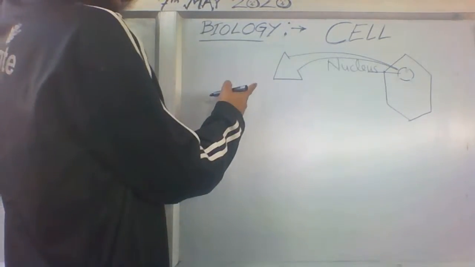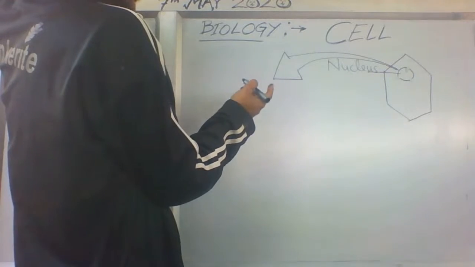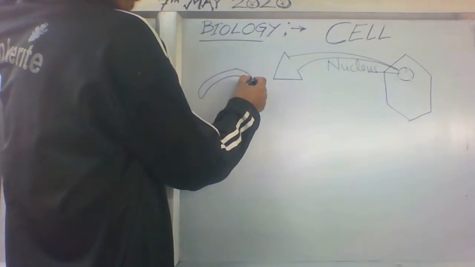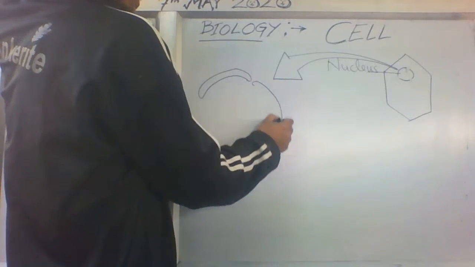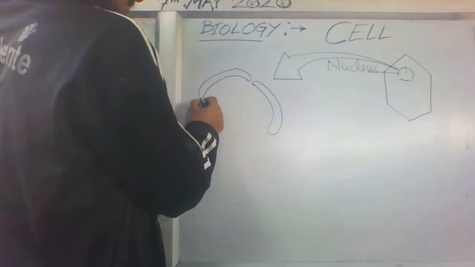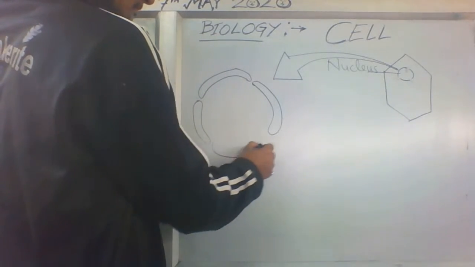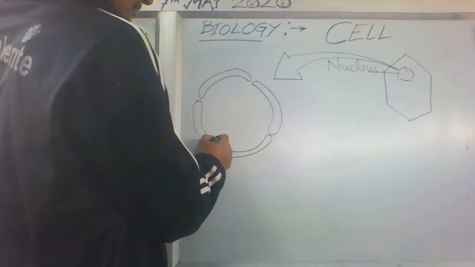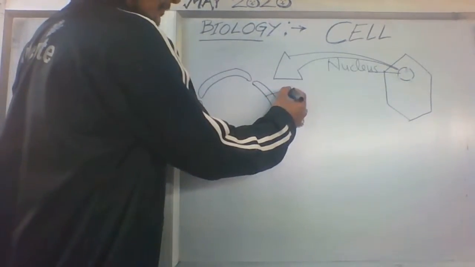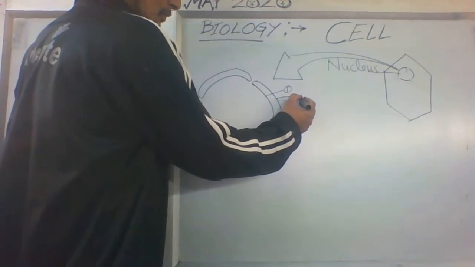This is a microscopic structure, and now this is a bigger structure. This is the outer membrane of the nucleus. This is a double layer. Layer number 1, layer number 2.